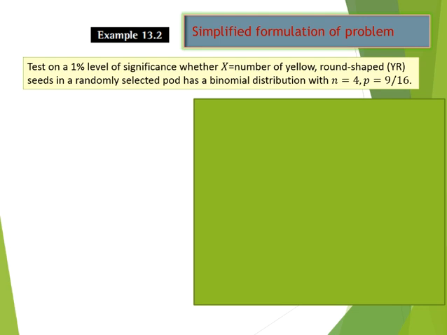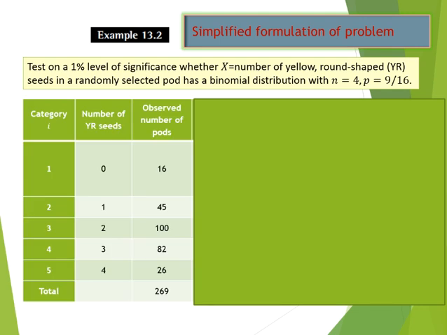What this is about is they investigated a large number of pods from a certain tree, but they were interested specifically in what was inside these pods. There are at most 4 seeds in a pod, and they're interested in seeing how many of these yellow round-shaped YR type seeds were inside the pod.